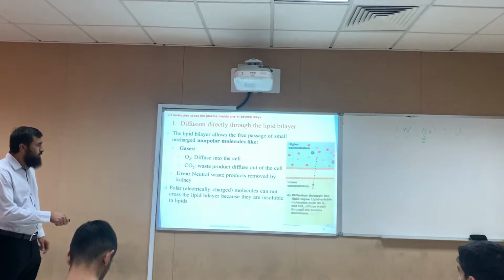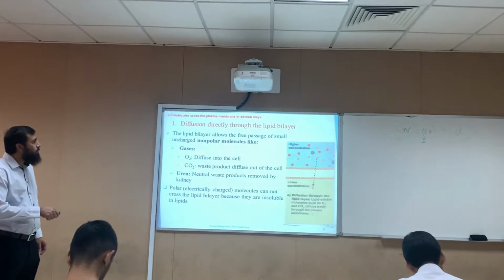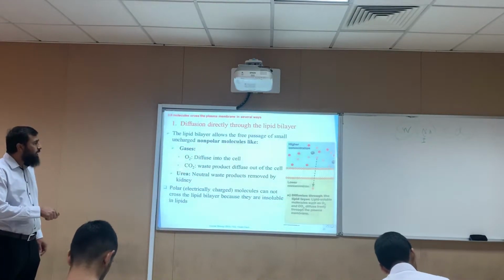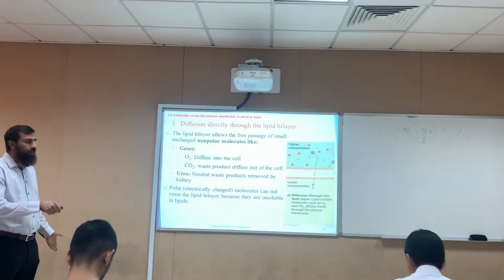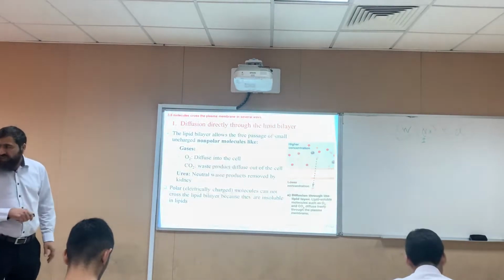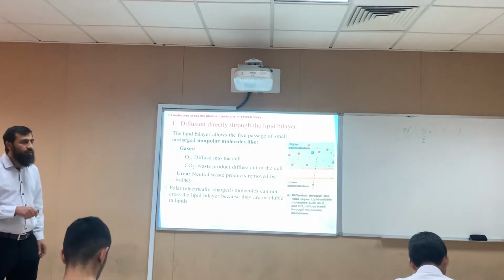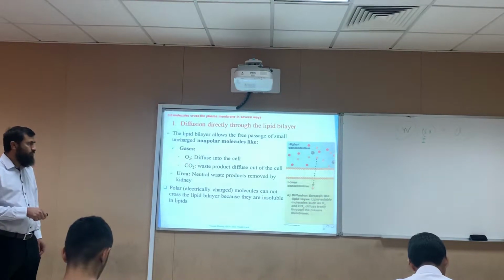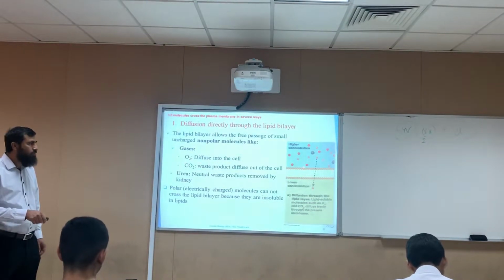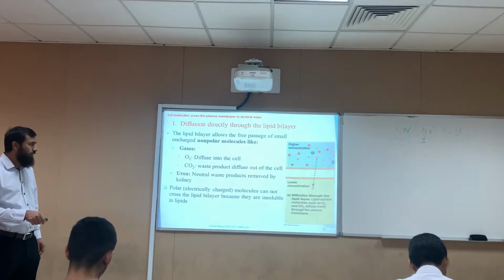They're neutral, okay? Molecules like oxygen and CO2. Oxygen diffuses into the cells, and CO2 moves out of the cell, okay? CO2 is non-polar, it is neutral, it has no charge. So these molecules can pass straight through the lipid because they're lipid soluble, okay?